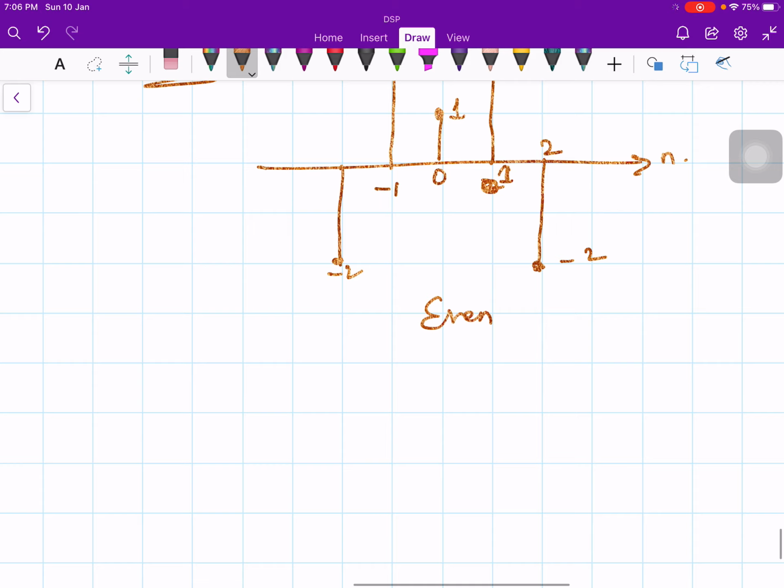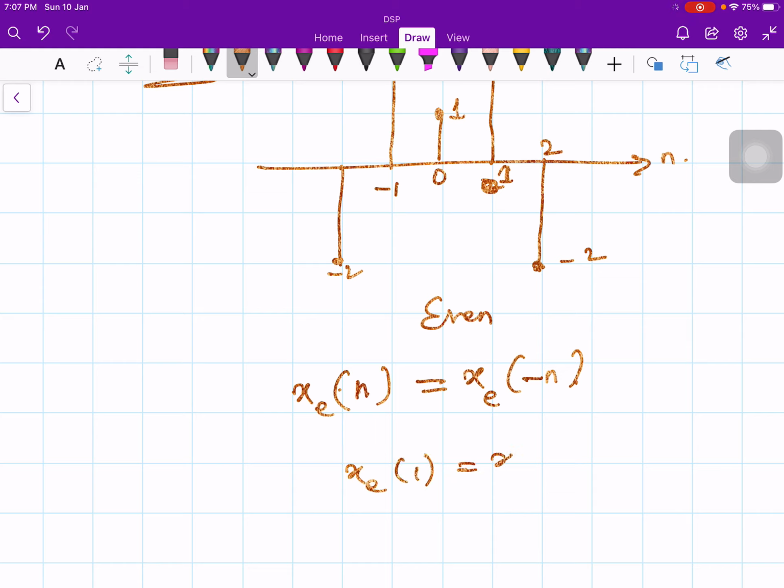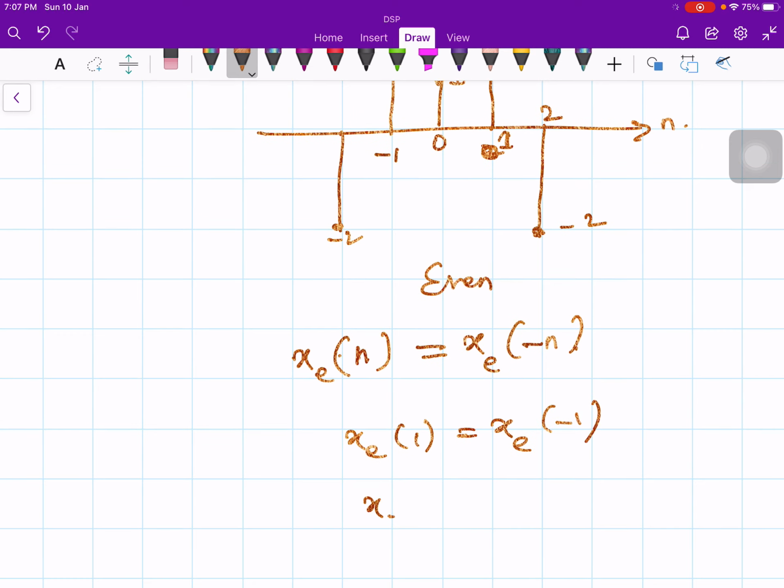In other words, an even signal, denoted by x suffix e of n, is the same as x suffix e of minus n. Okay, that means what? x suffix e of 1 is the same as x suffix e of minus 1, right? x suffix e of 2 is the same as x suffix e of minus 2.